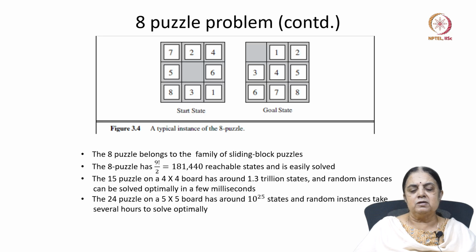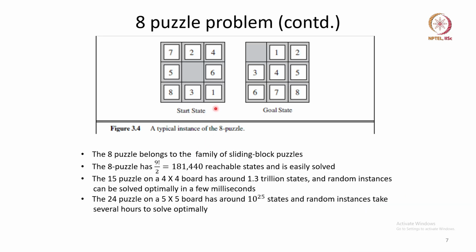So let us see how this works. If we look at this here, this could be your start state. We have a number of tiles and we have the blank space in the middle, and this could be your goal state.